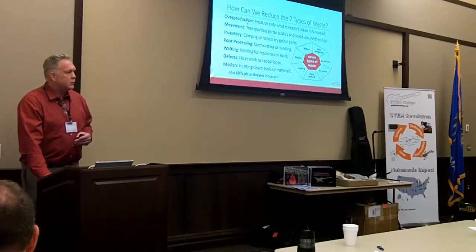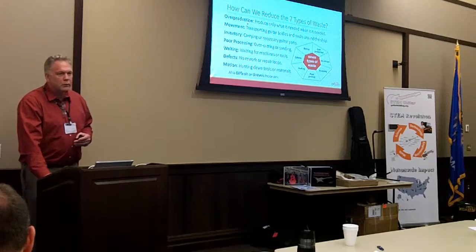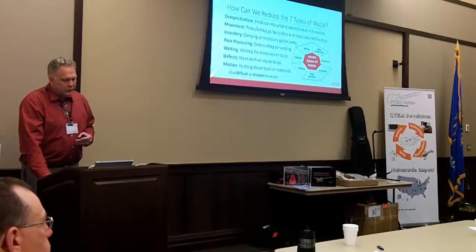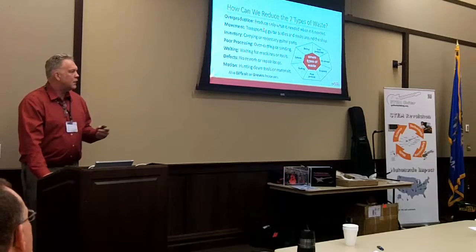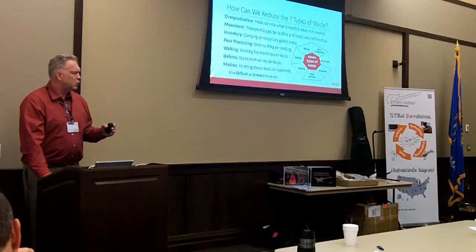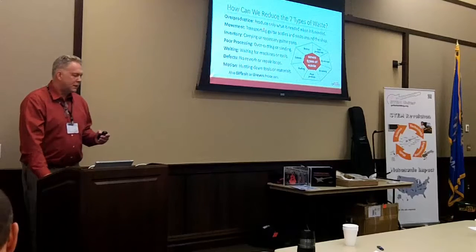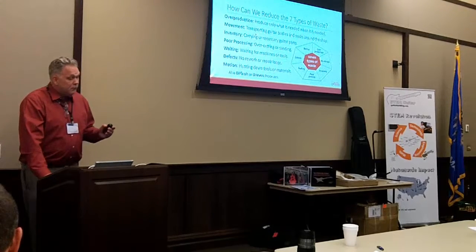Taiichi Ohno says that we don't want to overproduce, that is, produce more than is needed. So we should produce only what is needed when it's needed. Well, that's not really a problem for the guitars at this point because we're working from kits. But movement, on the other hand, is an opportunity.